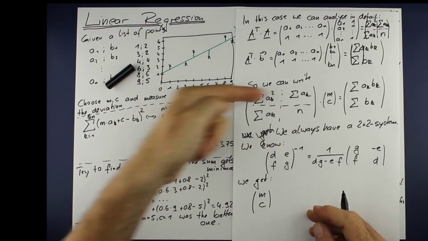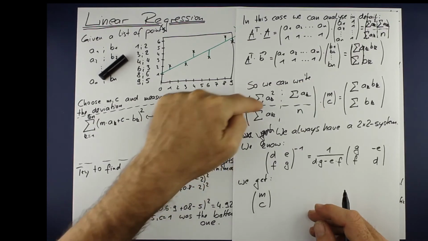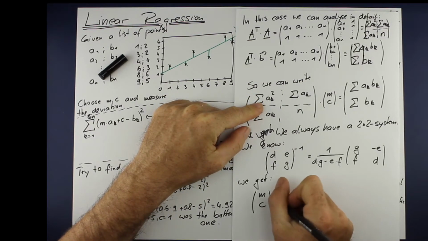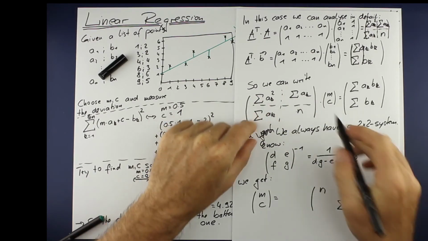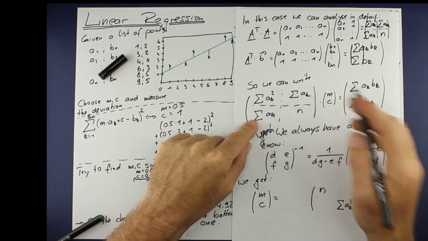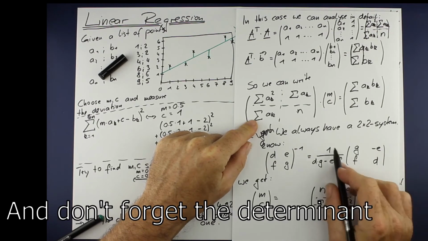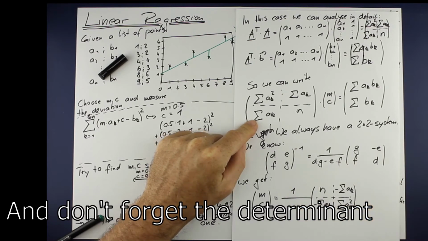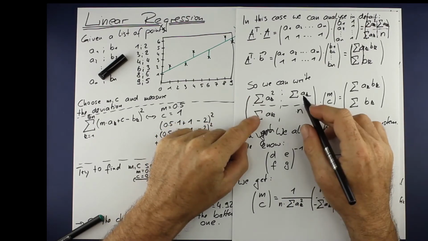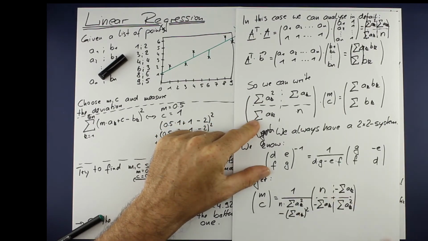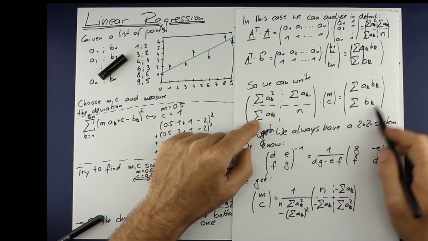And this is the inverse, and now we can multiply with that inverse. Multiplying with the inverse from the left, we get swap these two entries and minus these entries. And don't forget the discriminant, which is that times that, minus that times that. And we have that vector.